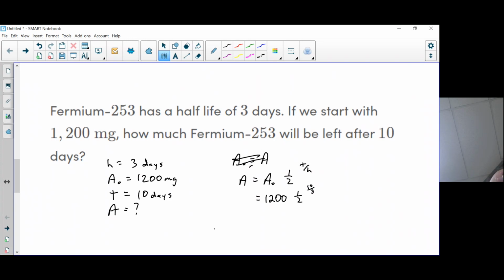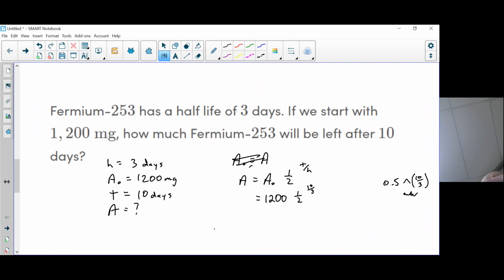Now, what I would do on my calculator is punch in 0.5, and then I would do the exponent button, and then I would hit a bracket, and then I would do 10 divided by 3, and then end bracket and hit enter.